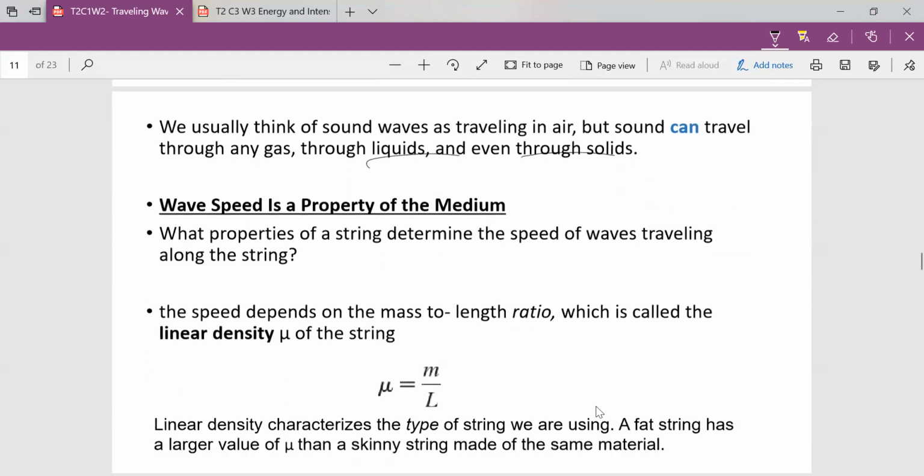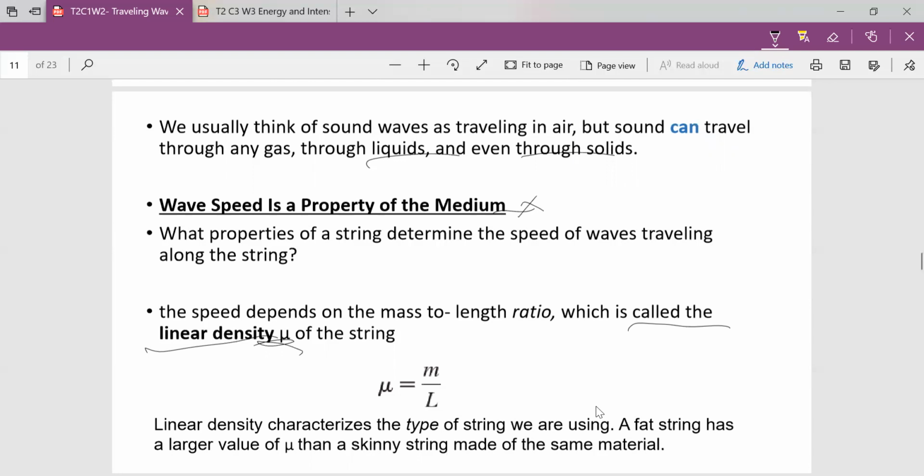Okay, so we want to look at wave speed as the property to propagate wave in the medium. The property that we use to determine the wave speed when traveling through the medium is what we refer to as the linear density, with the symbol mu.